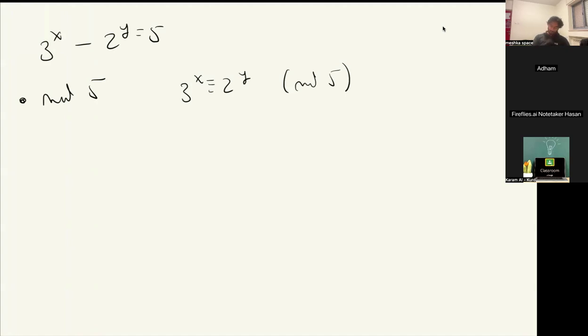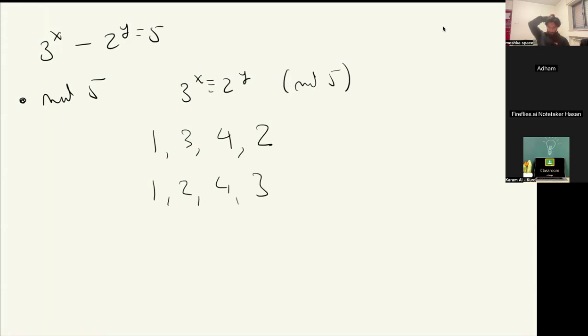Why do we know this? The powers of 3 go 1, 3, then 9, which is 4, and then 12, which is 2. And the powers of 2 go 1, 2, 4, 3.